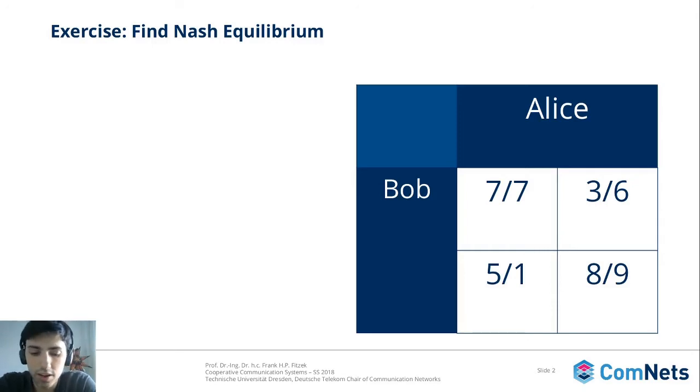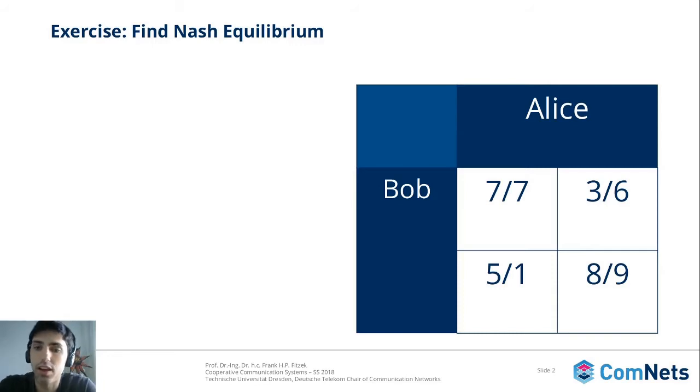If you remember, the Nash Equilibrium in these cooperative games is the point where none of the players wants to change their strategy, because if they change their strategy they will get a lower reward than the one that they are getting now.